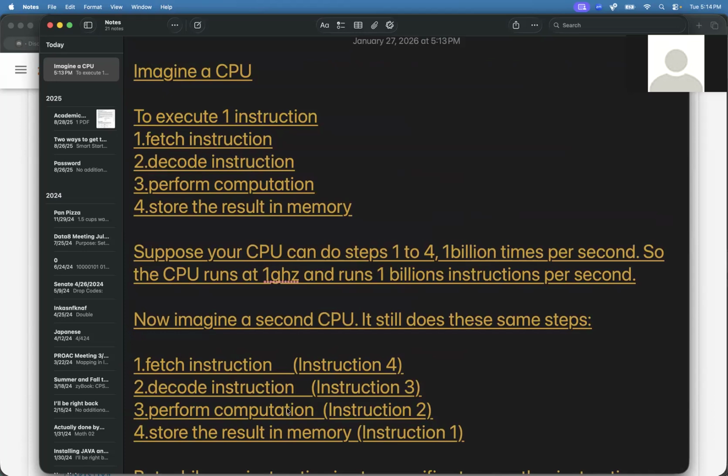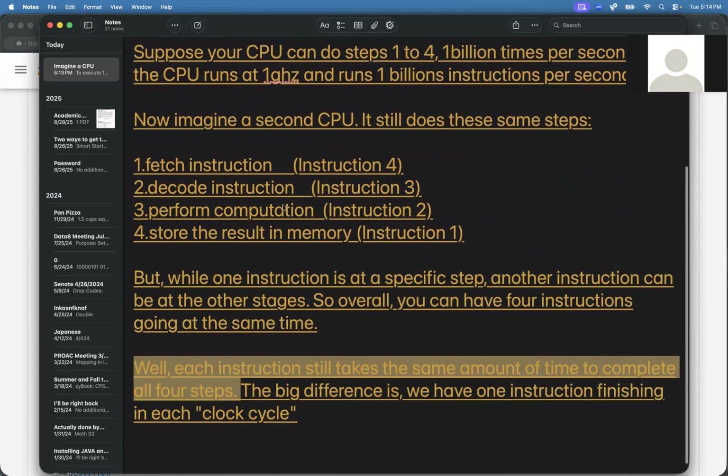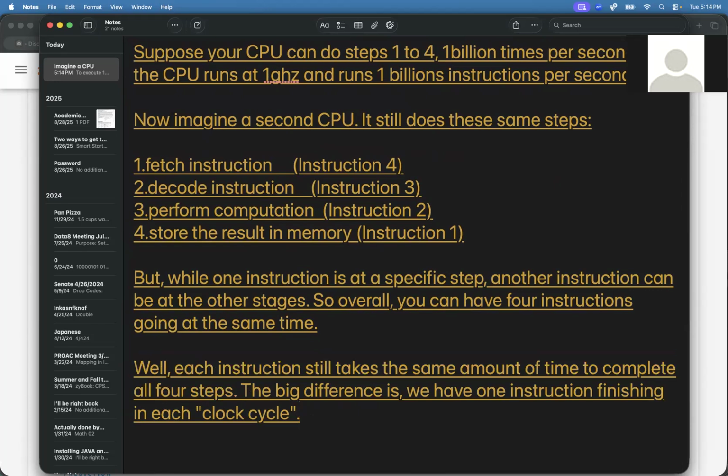So we're getting 4 times the number of instructions through this process. Yeah, so we would get 4 times the completion rate. So on average, we finish 4 times the instructions in the same amount of time.